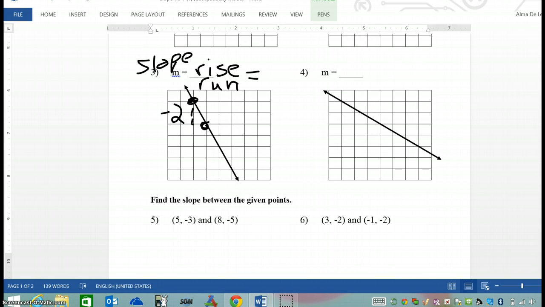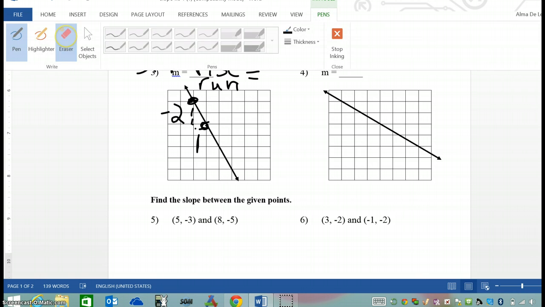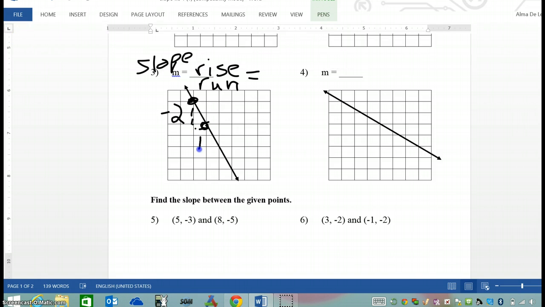And then to get to the second point, I have to run 1. So my rise, I'm going down 2. And my run, I have to run 1. -2 divided by 1 is the same thing as -2.